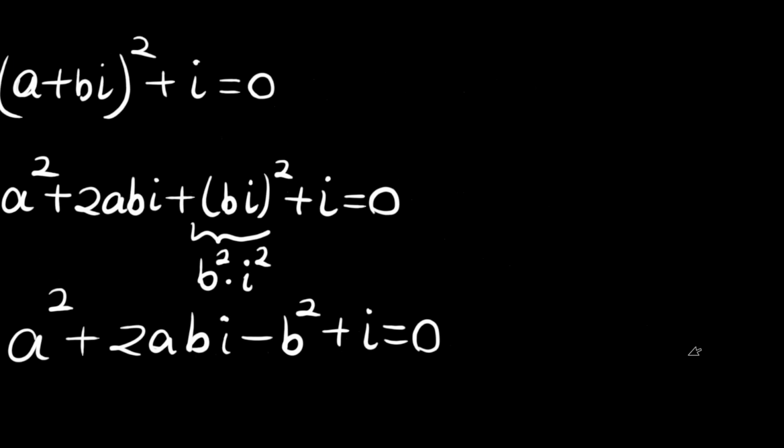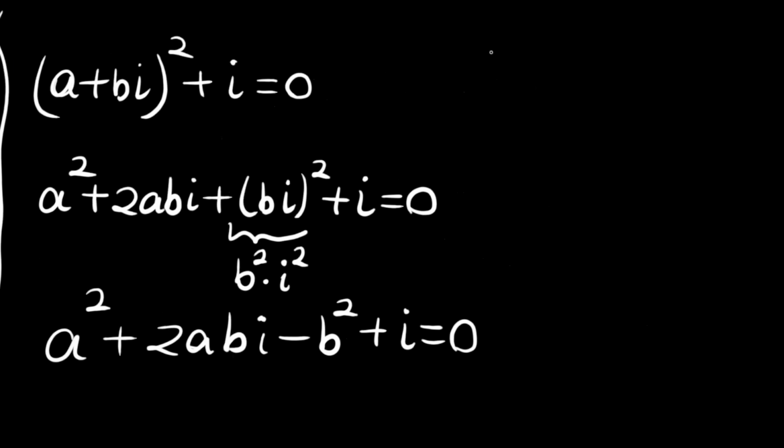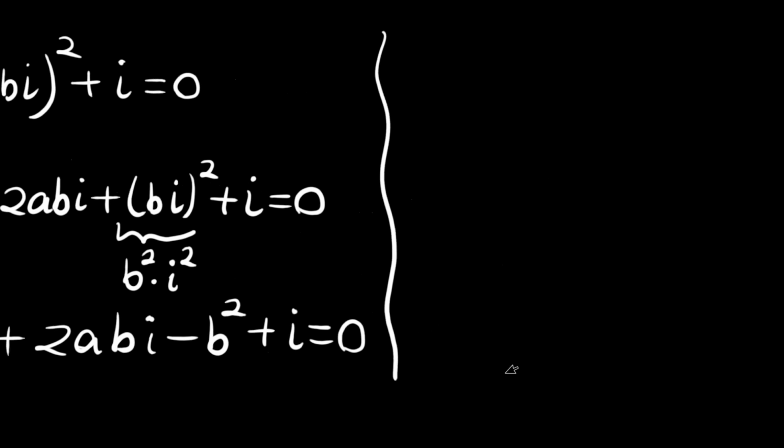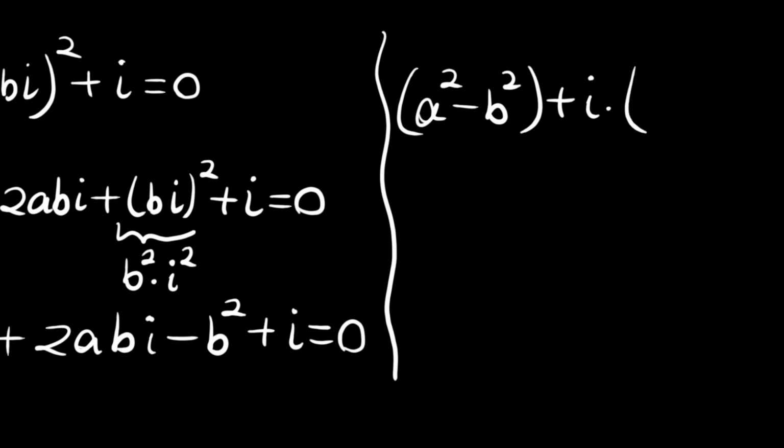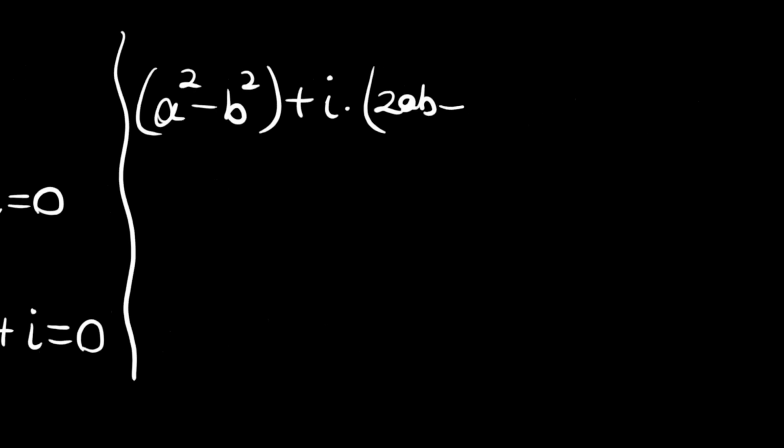Grouping the real and imaginary parts, we can write a squared minus b squared is the real part, plus i times (2ab plus 1) is equal to 0.